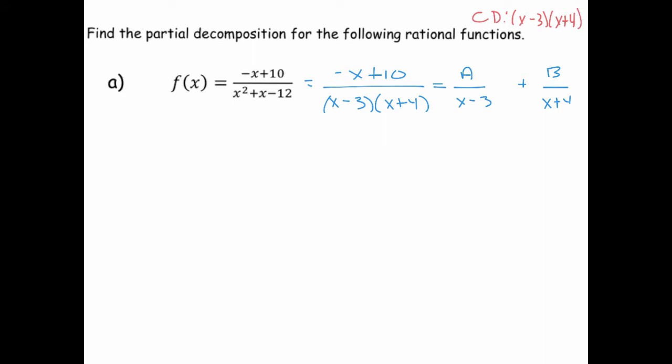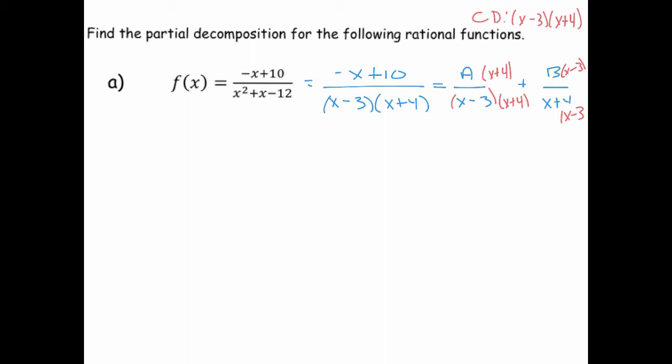The way I think of it is, this first term, what is the denominator missing that the common denominator has? Well, it's an x plus 4. So I'm going to multiply the top and the bottom by x plus 4. Likewise, the second term is missing an x minus 3, so I'm going to multiply by x minus 3.